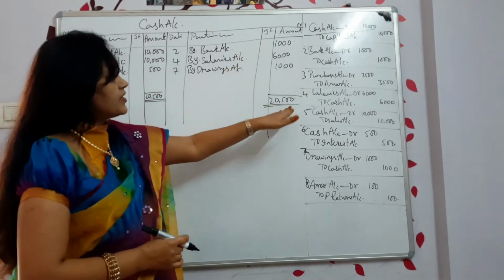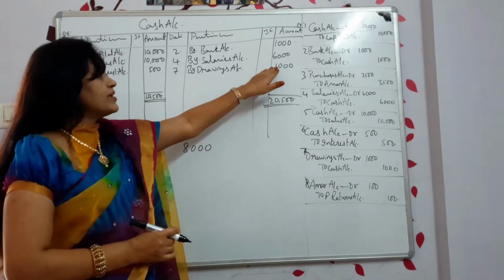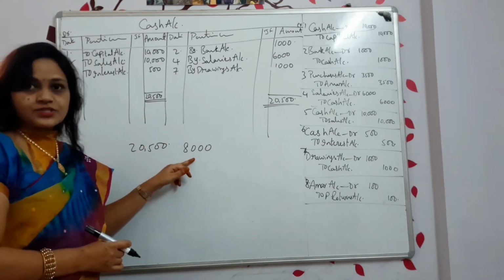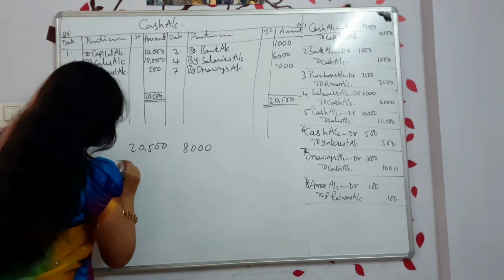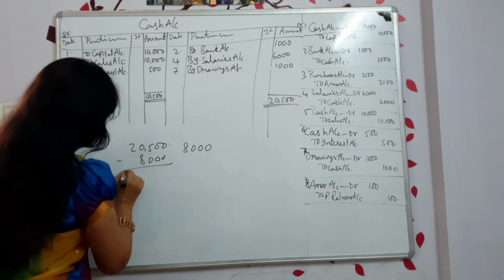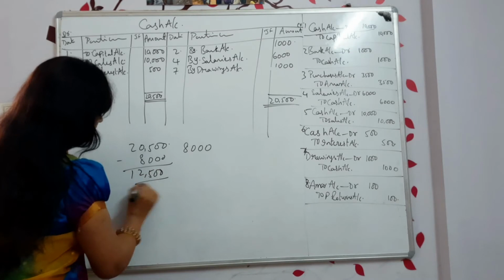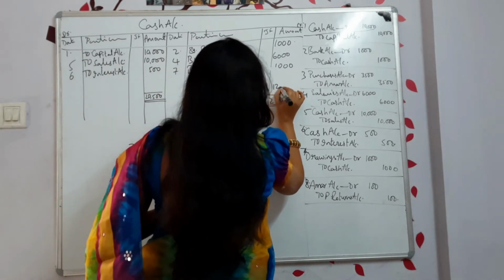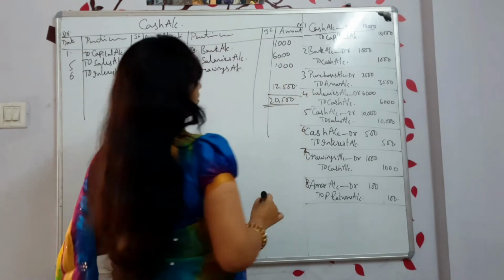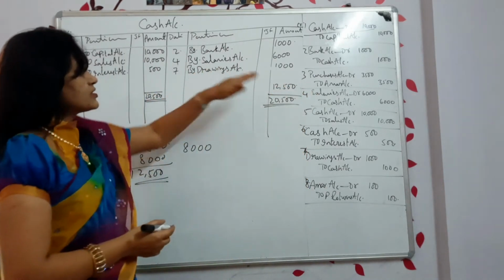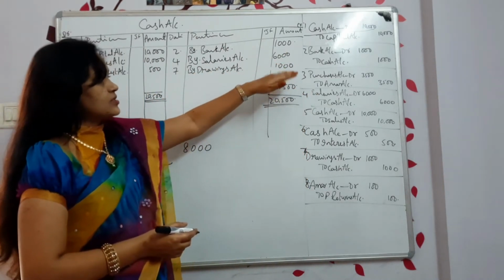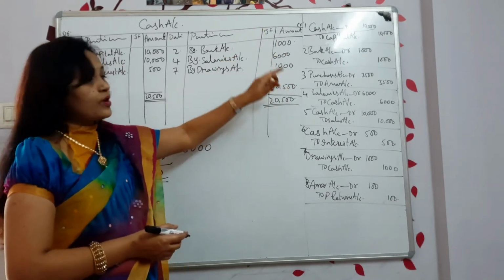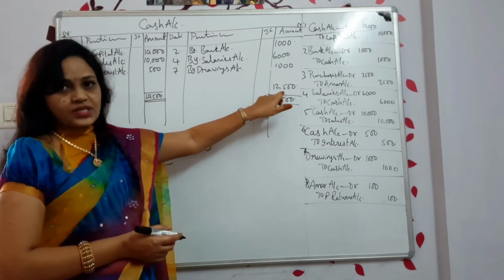So how much less do you have? 12,500 is less. If you don't know, 20,500 minus 8,000, you will get 12,500. Got it? So now write down 12,500. What is this? Balance, because this amount is lesser than this. We require 20,500, you only have 8,000, so you subtracted and got this 12,500.